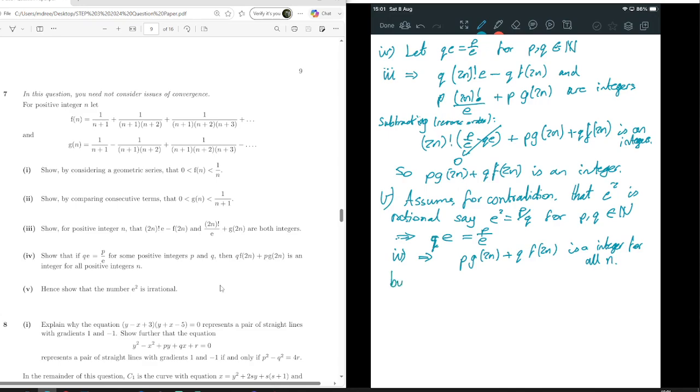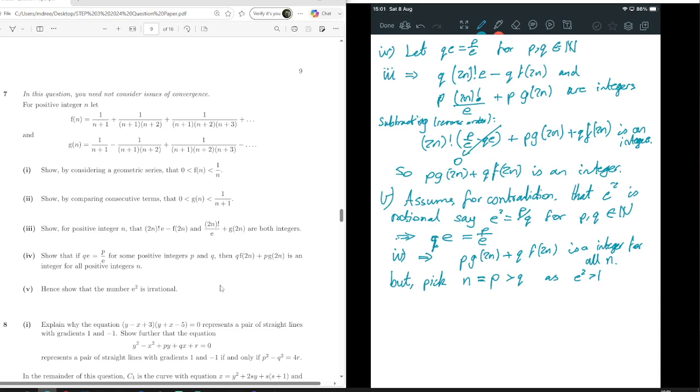But, well, let's pick a particular value of n and show that this thing can never be an integer. I'm going to pick n to be p, which we know has to be greater than q as e squared is greater than 1.